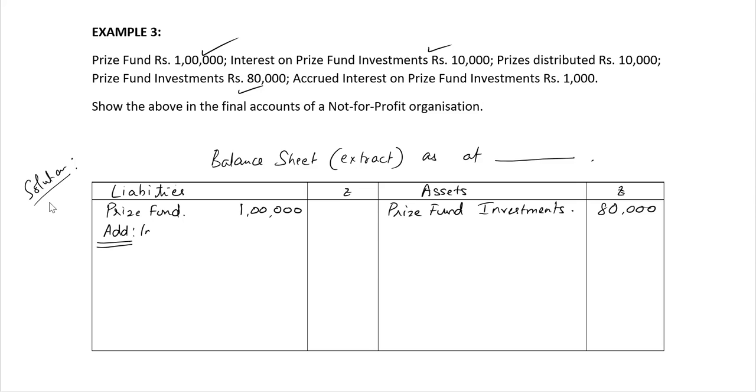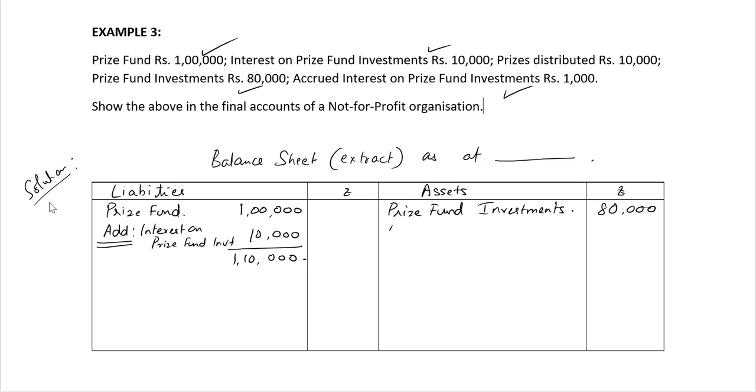Add interest on price fund investments, 10,000 rupees. So now we have 1,10,000 rupees. There is an accrued interest on price fund investments amounting to rupees 1,000. So this is an asset as well as an income towards the fund.